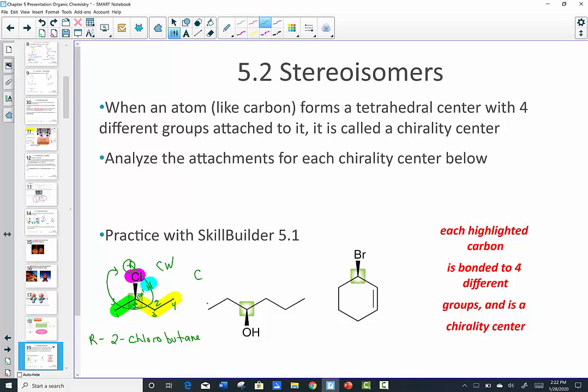Here's a molecule, 1, 2, 3, 4, 5, 6 carbons long. What we've named this so far is 3-hexanol, with the OL ending for the alcohol. Now we have a chiral center. That chiral center contains 4 unique attachments. In one direction I can see an ethyl group, and in the other direction a propyl group.